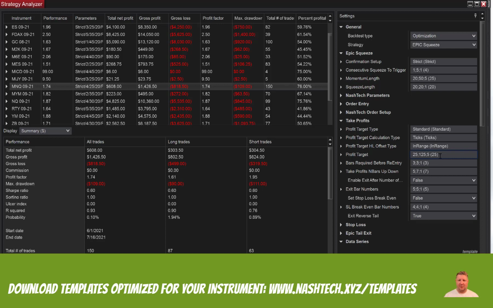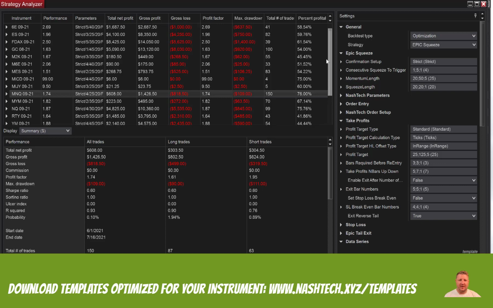This was definitely more of a scalp. That's why we had 150 trades on the MNQ. 76% profitable. That stands out to me. I care about this number and this number. 76 is good. I would leave that. I would enable that on a live sim account. Okay.